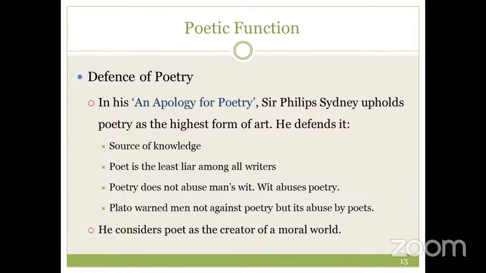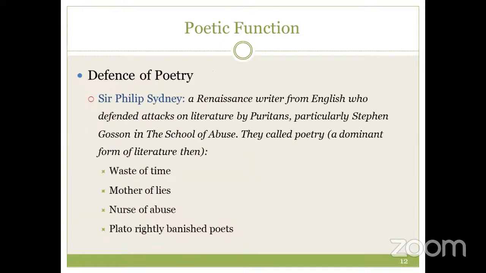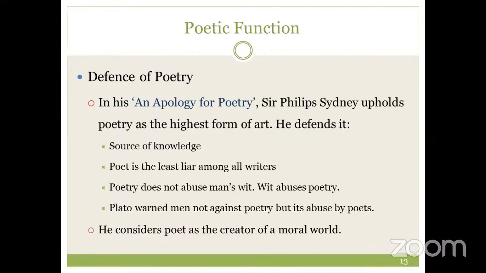He tried to show that literature, if not produced with the right intention in a purposeful way, can mislead the society. That is, if you do not rightly produce the truth, and if you do not promote or fuel emotions, right, then you are good.